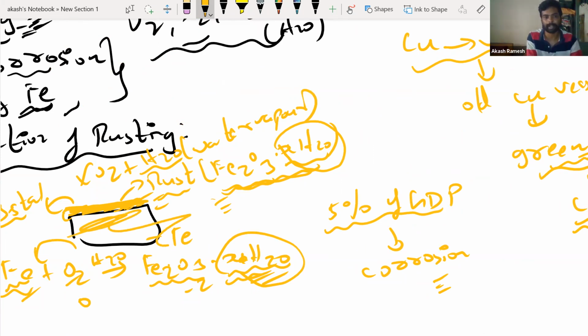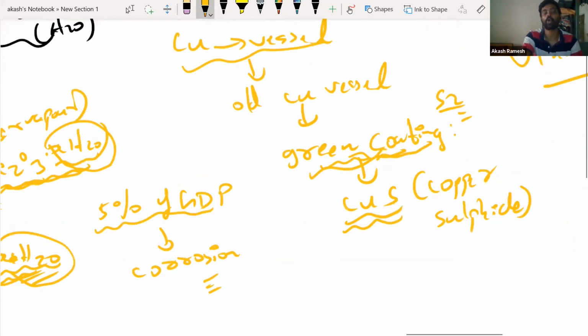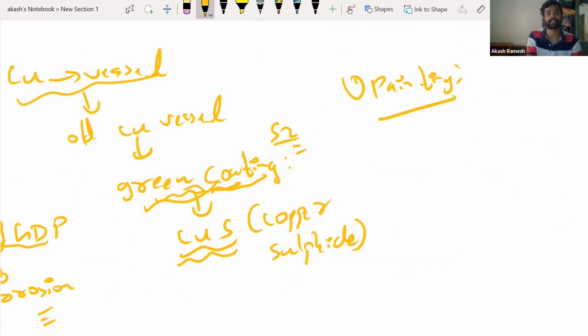When the incoming gases come, say oxygen, it will not find iron but only the paint, so the iron and the oxygen are not in contact. Only if they are in contact will the reaction and the formation of rust happen. If they are not in contact at all, I don't have to worry about corrosion. So the first way to overcome corrosion is painting.